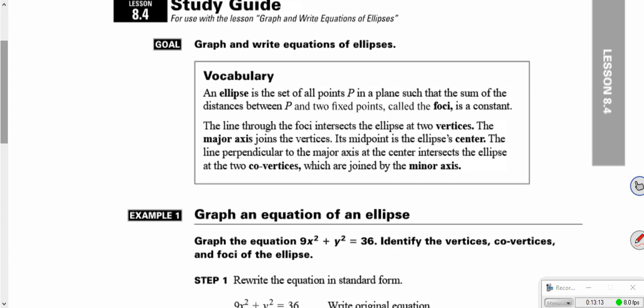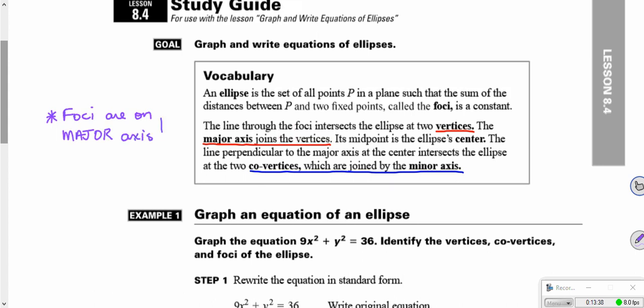Again, I just want to point out one more time that your vertices are on your major axis. The major axis joins the vertices. Co-vertices are joined by the minor axis. And again, let me just say foci are on the major axis.